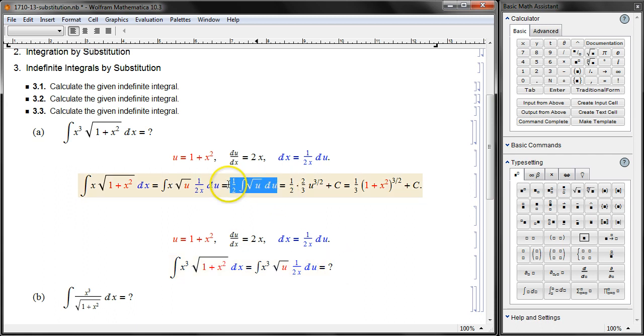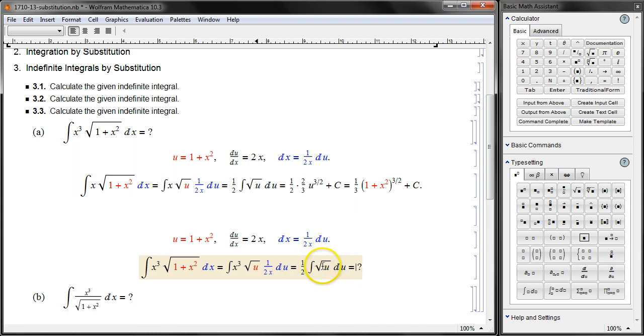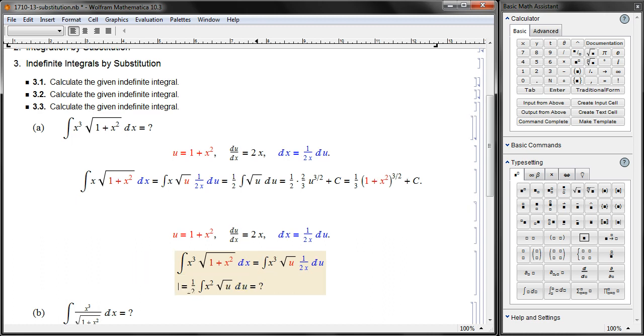There's a bit of a problem though. x cubed and this x cancel out, so we have x squared left, and the resulting integral here is not a u integral. I still have x squared left behind, and I have to work out the next question here, how to remove it, because without this x squared somehow removed or re-expressed in terms of u, I can't do this.